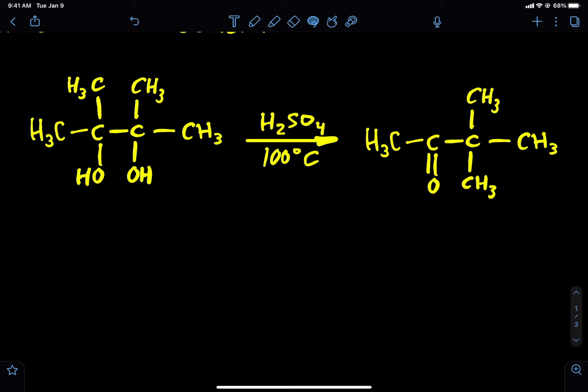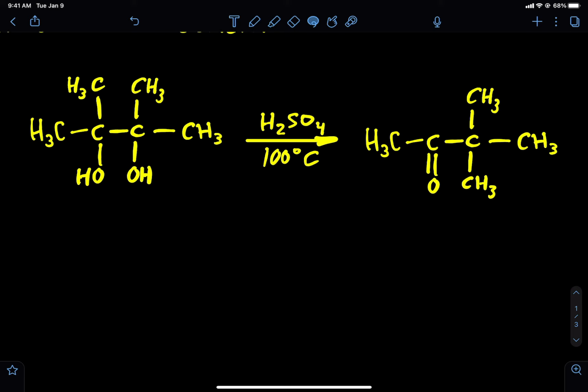Now, in the case of pinacol, which alcohol gets converted to a carbonyl doesn't matter. Which alcohol comes out doesn't matter. Which methyl group migrates doesn't matter, because it's a symmetrical molecule.